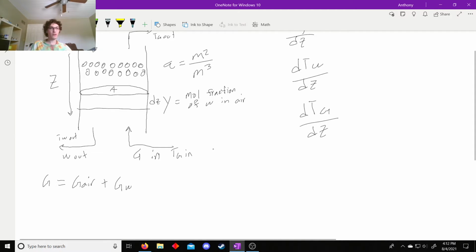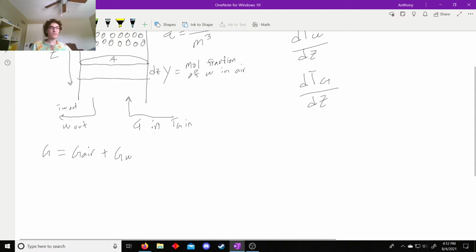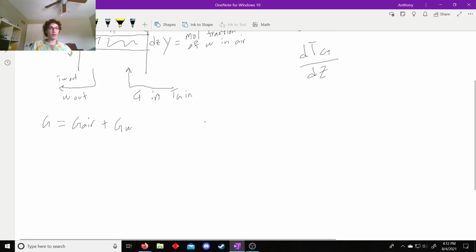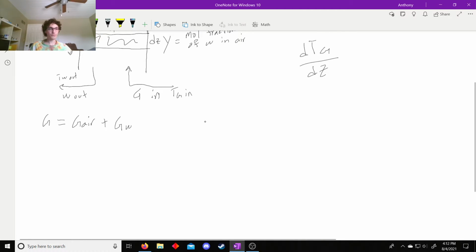Okay, so we know that what's going into this volume here is G. So we have G going in, that amount of gas. And what we want to get is how many moles of water are going in.